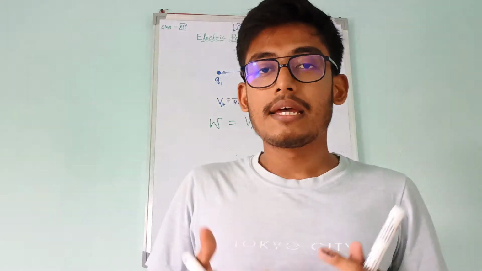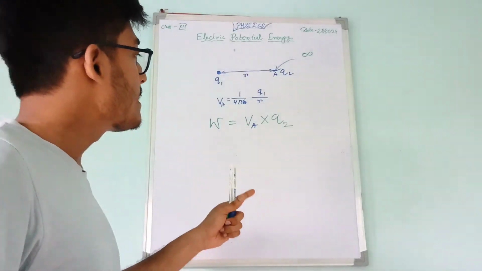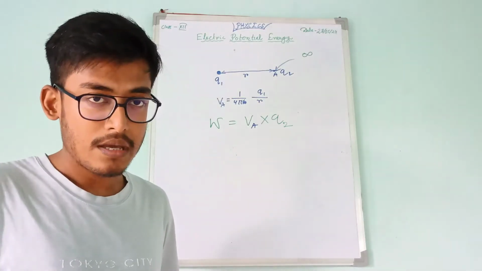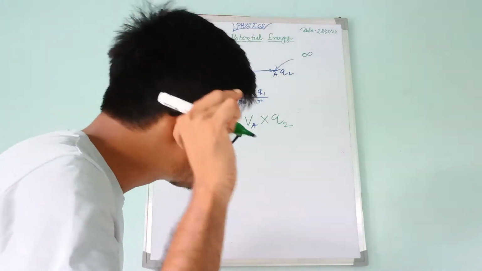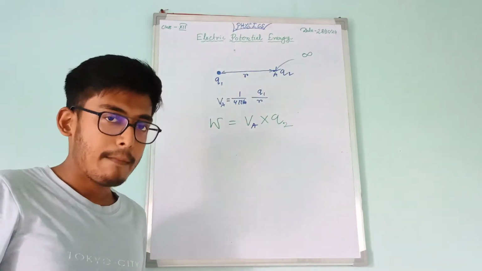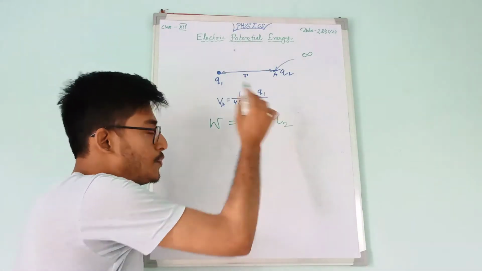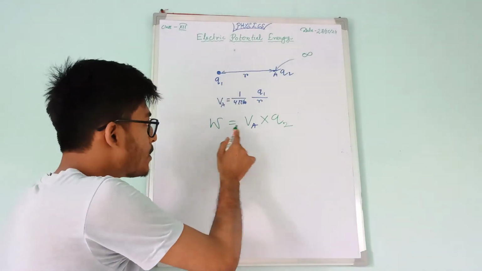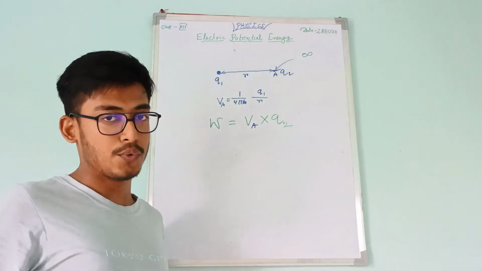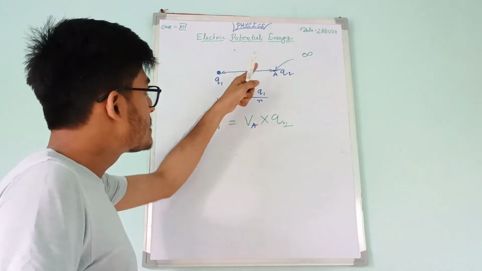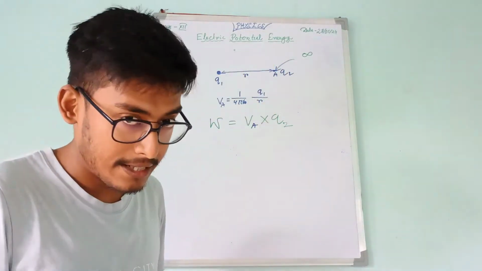Many students make the mistake of confusing Q1 and Q2. You have to be clear that the electric field is due to Q1, but you are bringing the charge Q2. So to bring the charge Q2, the work done will be W equal to VA into Q2. Here you have to write Q2 instead of Q1, because Q1 is responsible for the electric field.